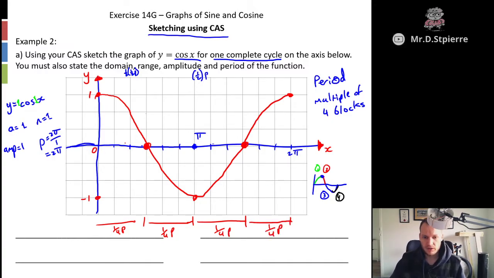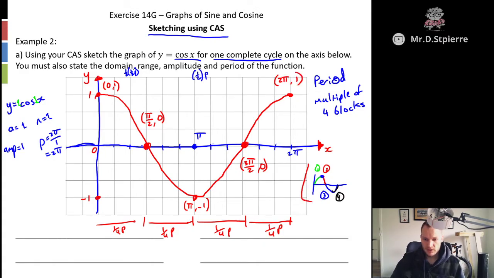So if you know the period, you can always find the distances between each of the key points of the graph. So we have here 0, 1. Here is pi on 2, 0. Here we have pi, -1. Here is 3 pi on 2, 0, and here we have 2 pi, comma 1.